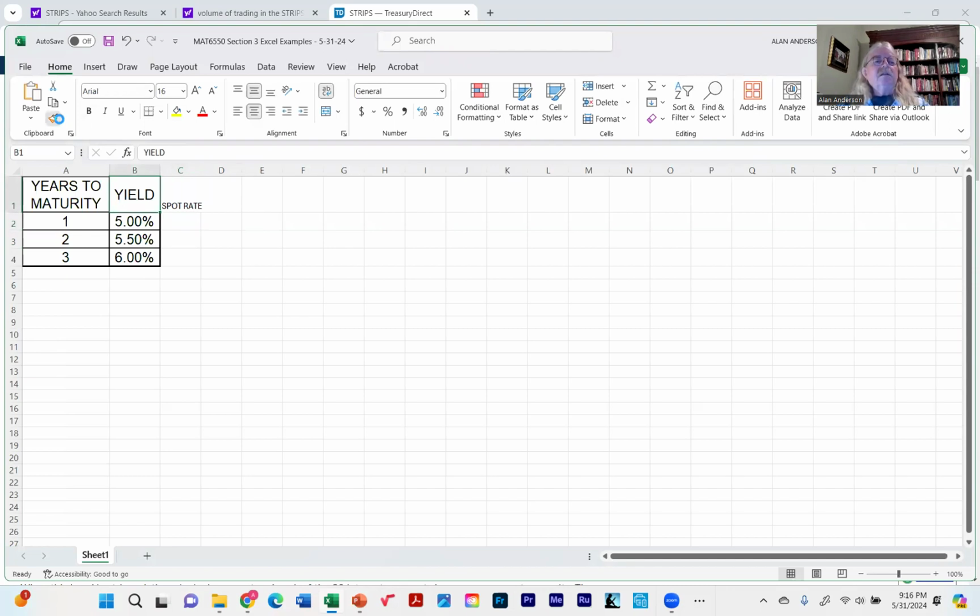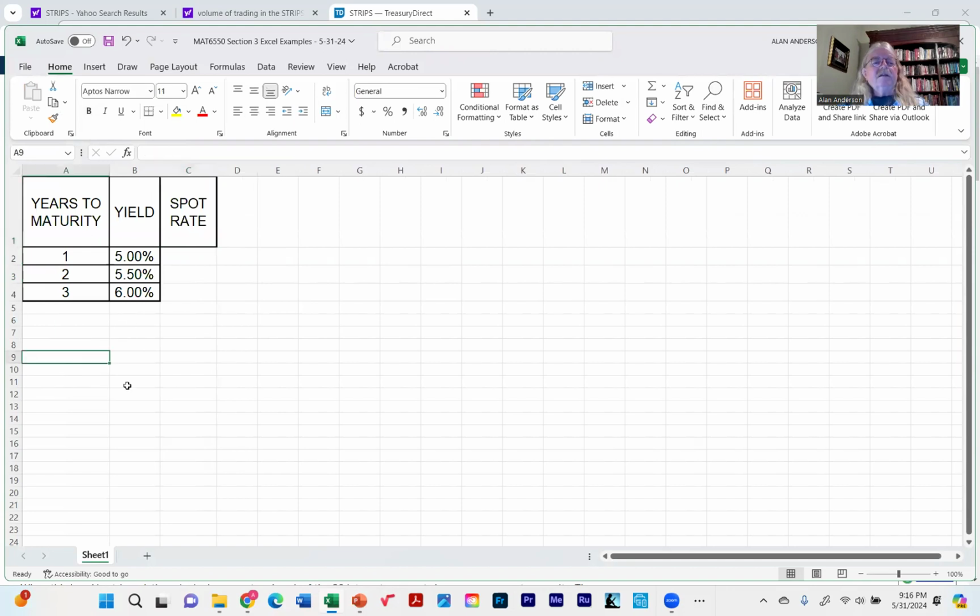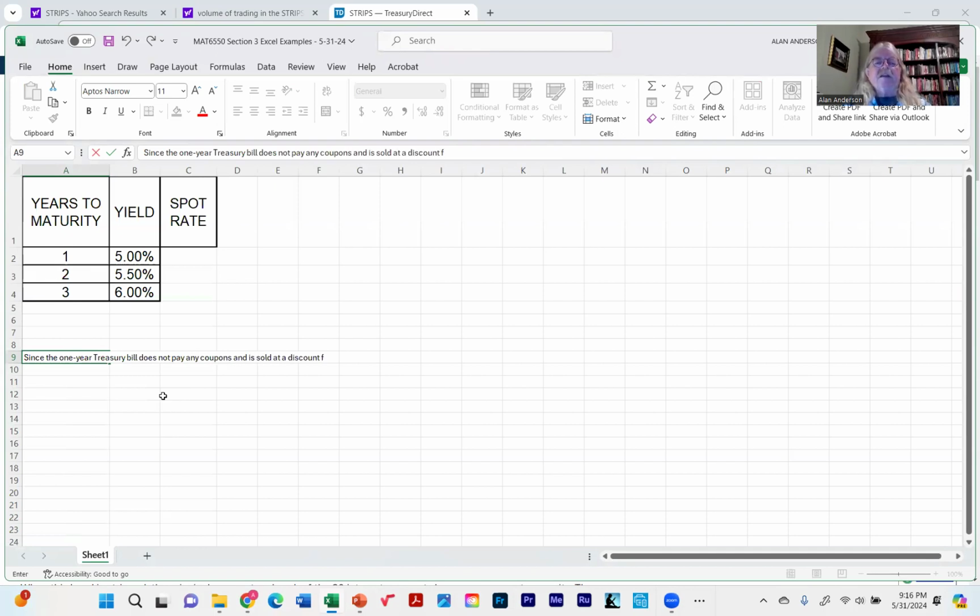Okay, now it turns out that, I'll mention this down here, since the 1-year treasury bill is a 0 coupon bond, or does not pay any coupon, and is sold at a discount from face value, the yield and the spot rate will match each other.